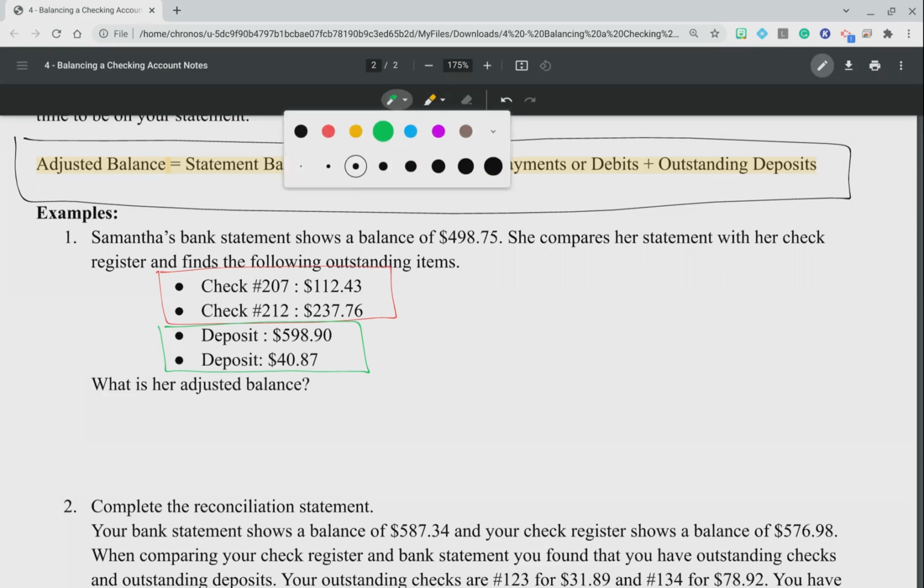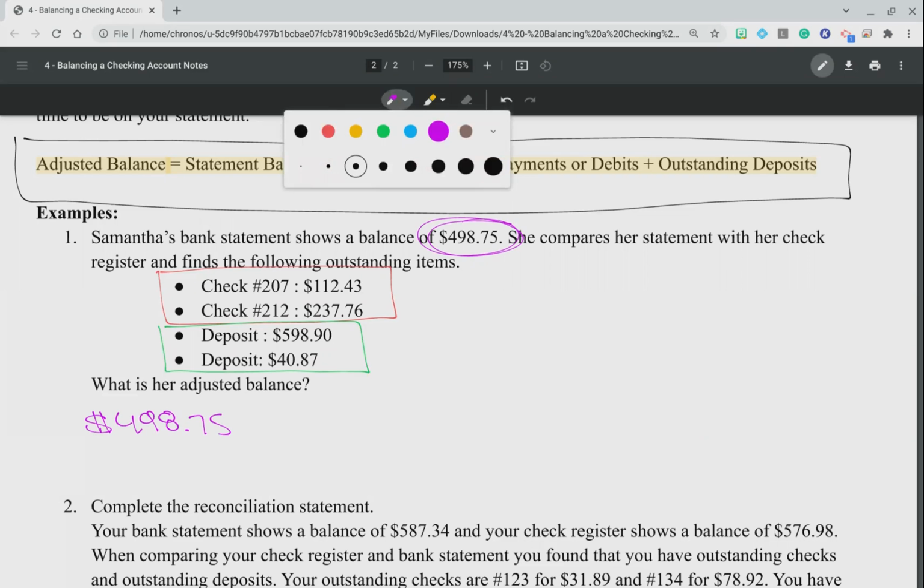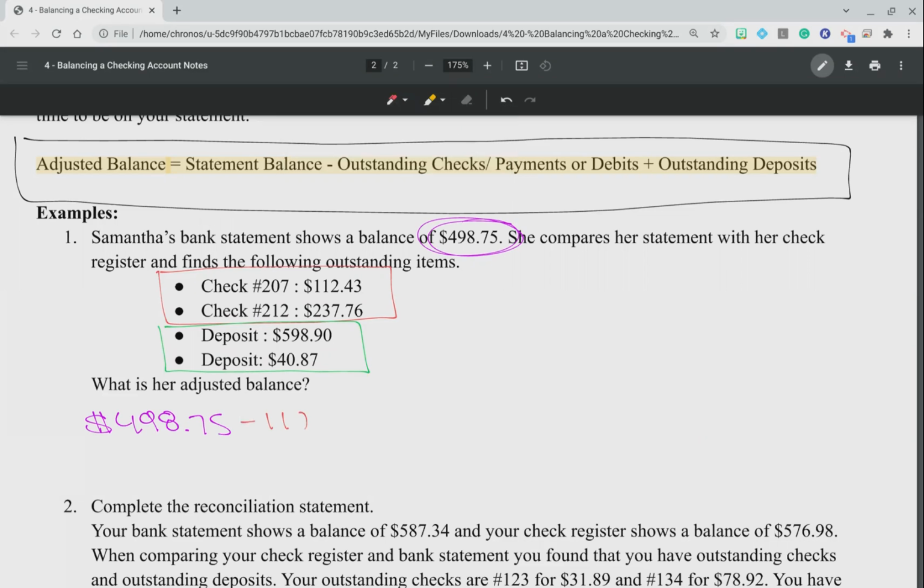So this is what her statement said. It says that she had $498.75 in her account. But she knows that she wrote a check for $112.43. She wrote another check for $237.76.